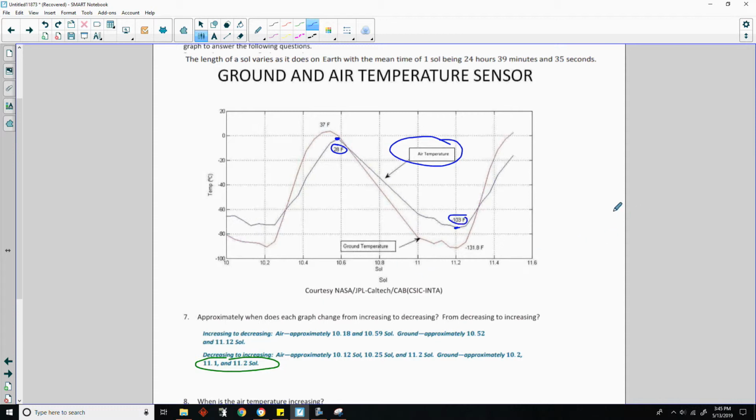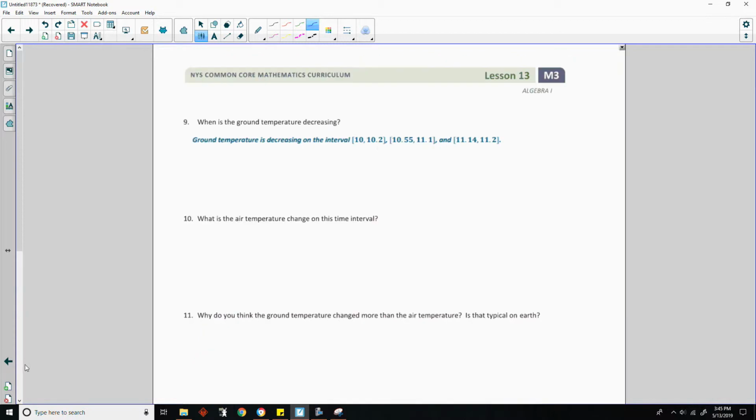Brr, that's cold. All right, so that's number 10. So here's the answer. The high is 28 Fahrenheit and the low is negative 103 degrees Fahrenheit. That is a change of 131 Fahrenheit degrees. Students might also answer in Celsius units, but I did it in Fahrenheit.